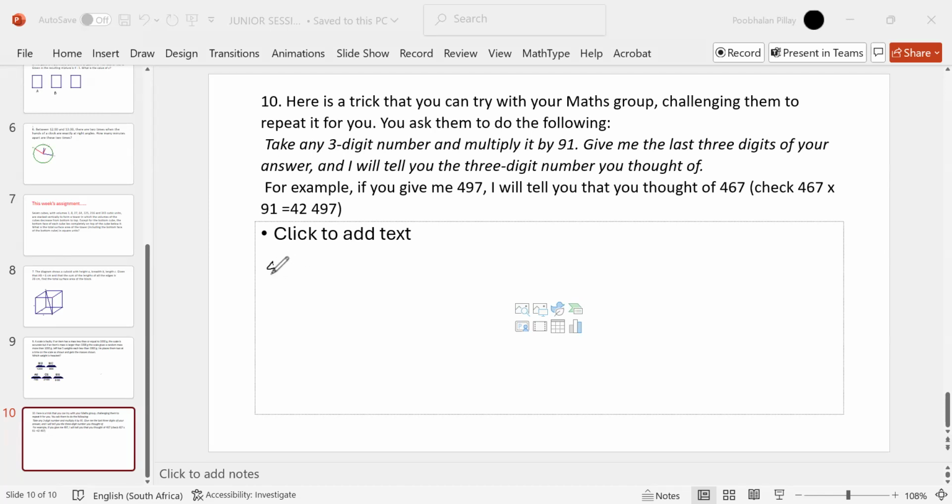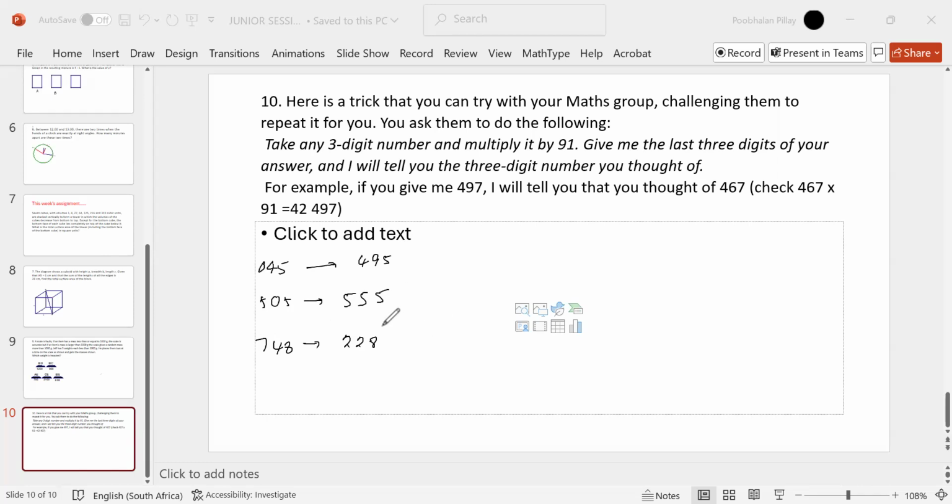She gave me 045, and I told her that the number she thought of was 495, and the other person gave me 505, and I told him that the number that he was thinking of is 555, and Colby gave me 748, and I said that the number that he was thinking of is 228, right?